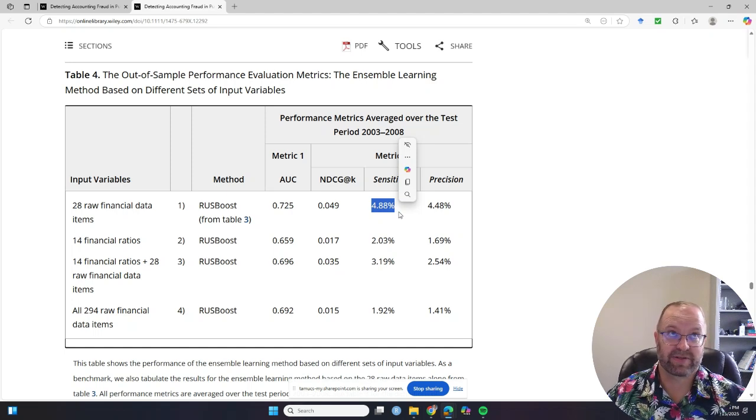Correctly getting 5% isn't all that impressive, but from all these models that have tried to do this before, it's really hard to predict fraud. Part of the reason is that fraud instances aren't that common, so we don't have a whole lot to work with.